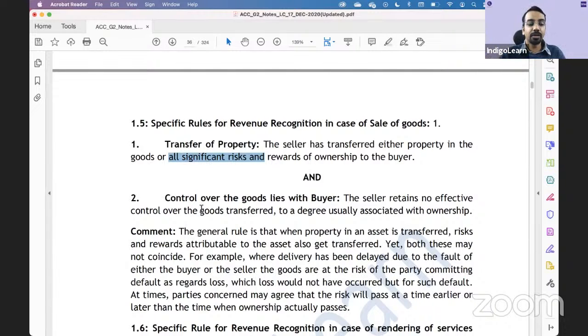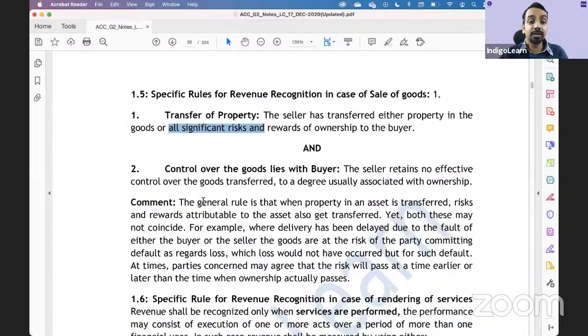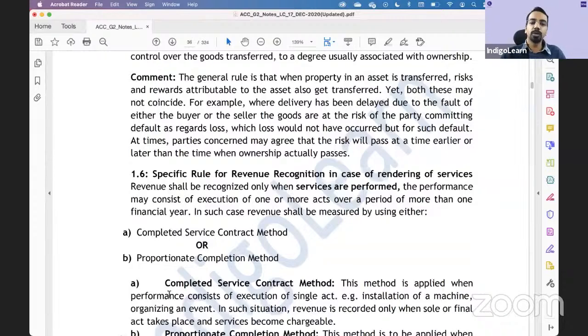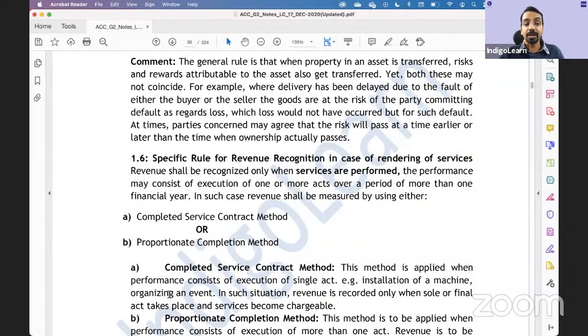When it is services, you either use the completed service method or the proportionate completion method. Proportionate completion is similar to the contract concept that we have seen. Completed service method means, let's say you want to install an AC. Once the AC installation is complete, the service is completed, and hence you can recognize the revenue.